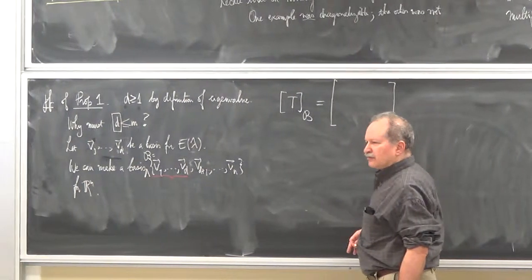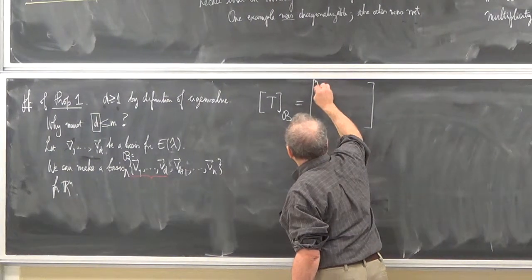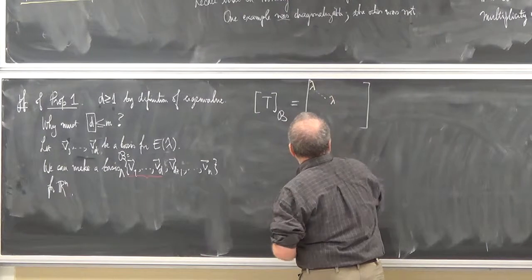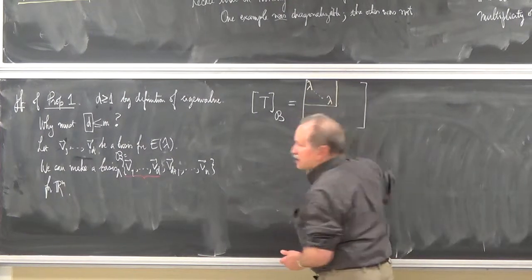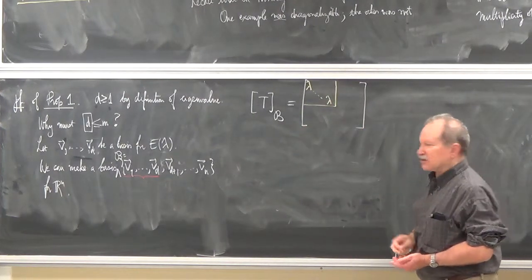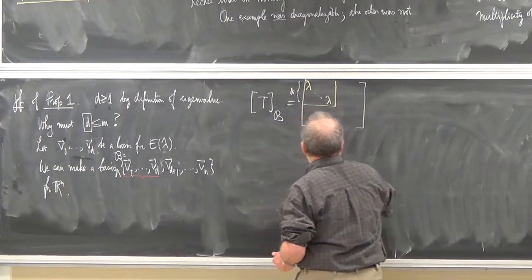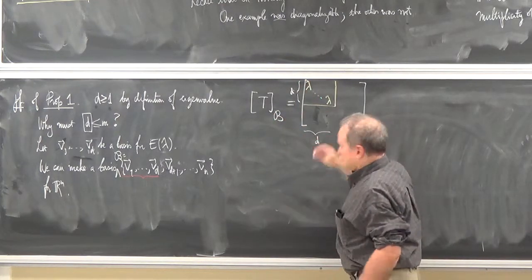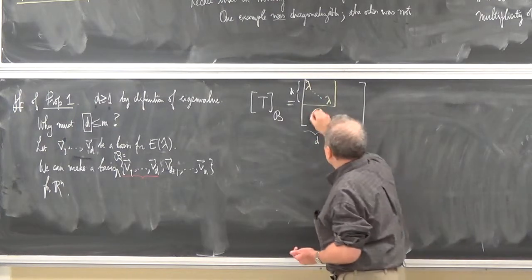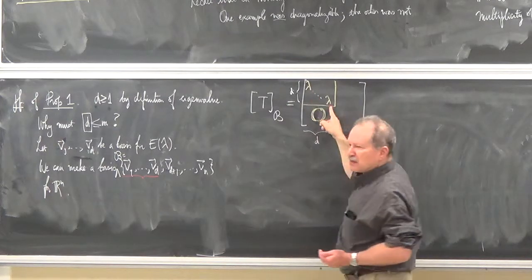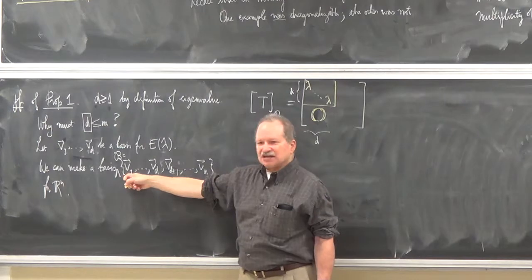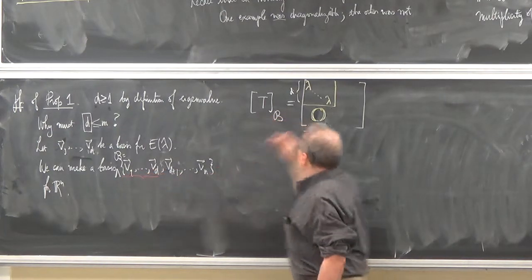The first d diagonal entries are all lambdas. So this is a little d by d lambda times identity matrix, and this is d, and this is d. What's down here? Zeros. That's what's crucial. The fact that these are eigenvectors means that each of them gets sent to lambda times itself plus nothing else.